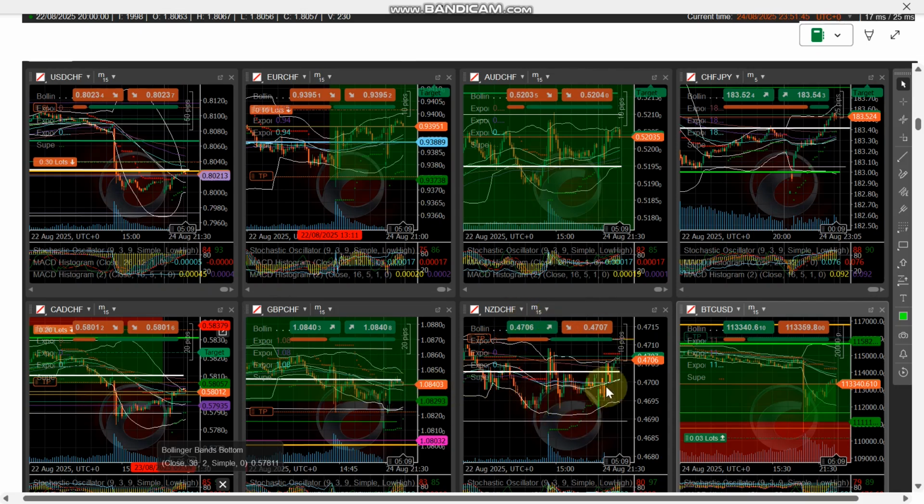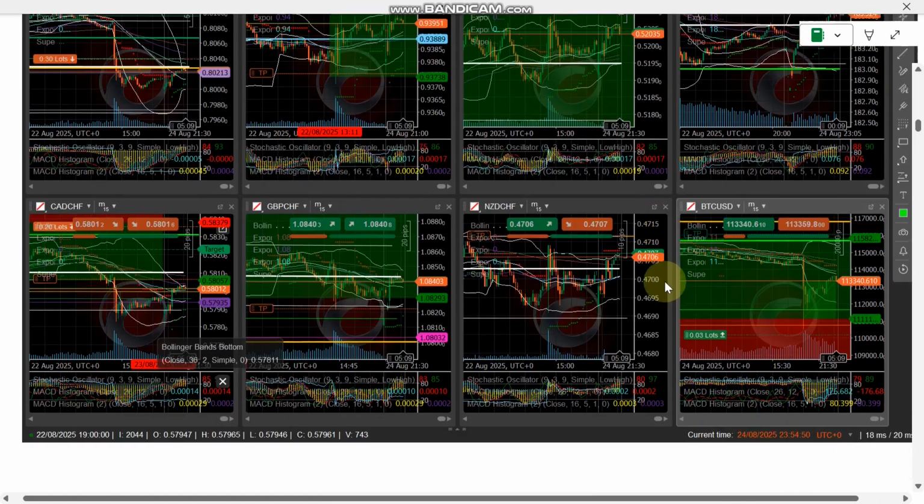New Zealand Swiss franc is also below, but moving up, bridging this mid Bollinger band line of the 1 hour time frame. Bitcoin also held a drop and is now trying to move back to the midline of the Bollinger band. So far, just a quick look.